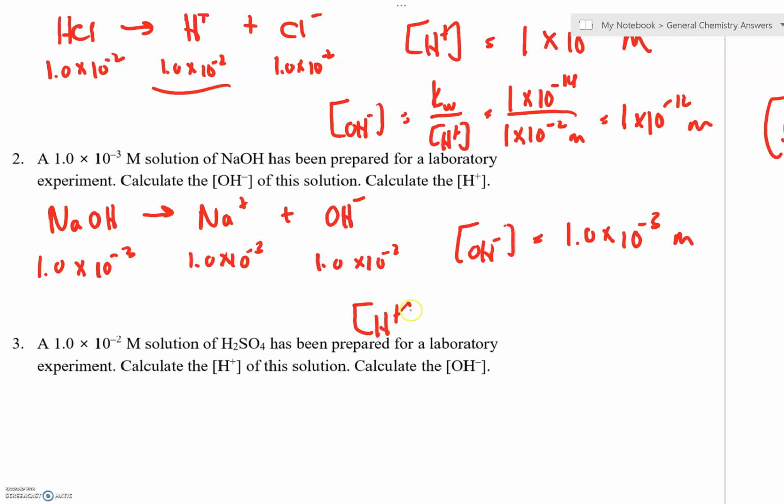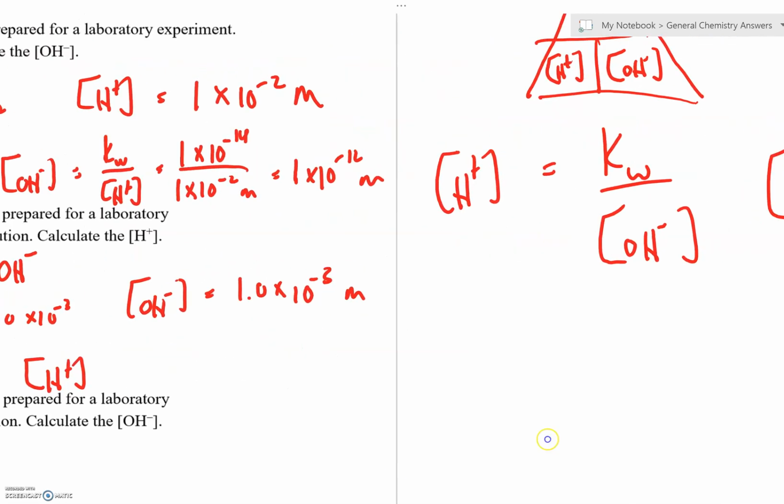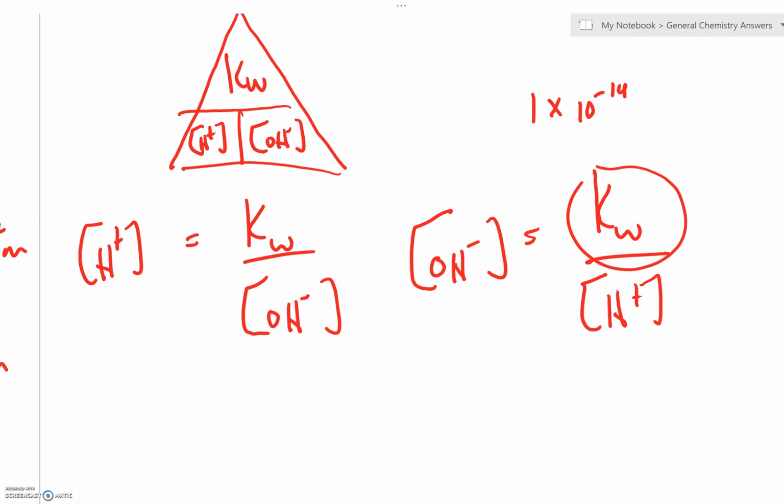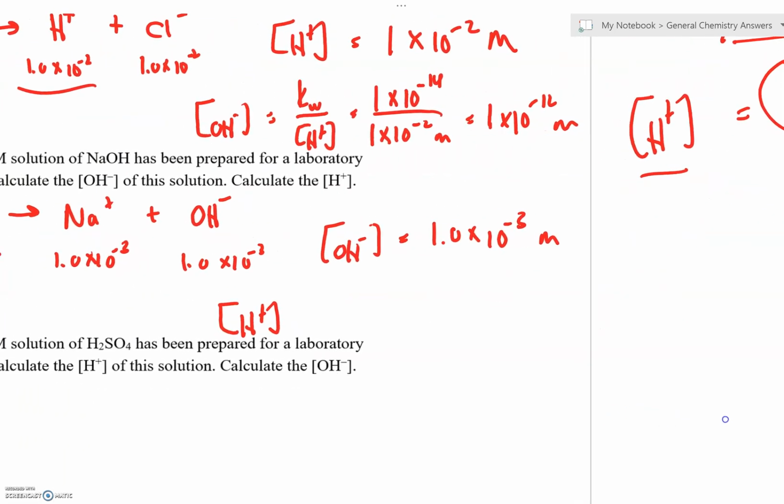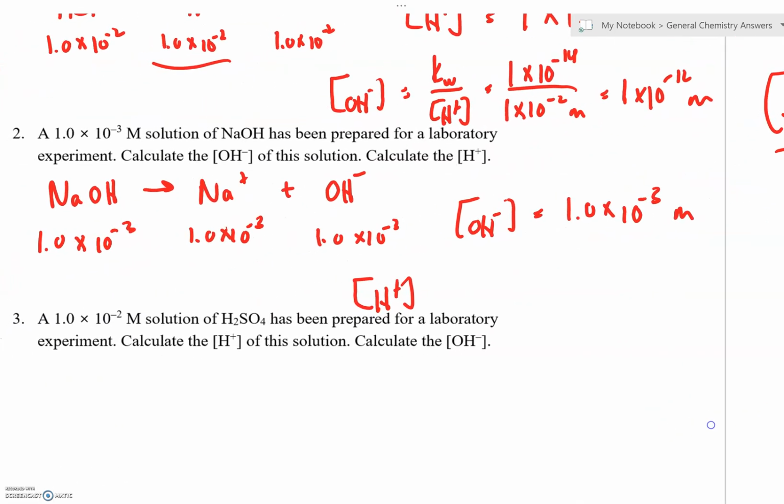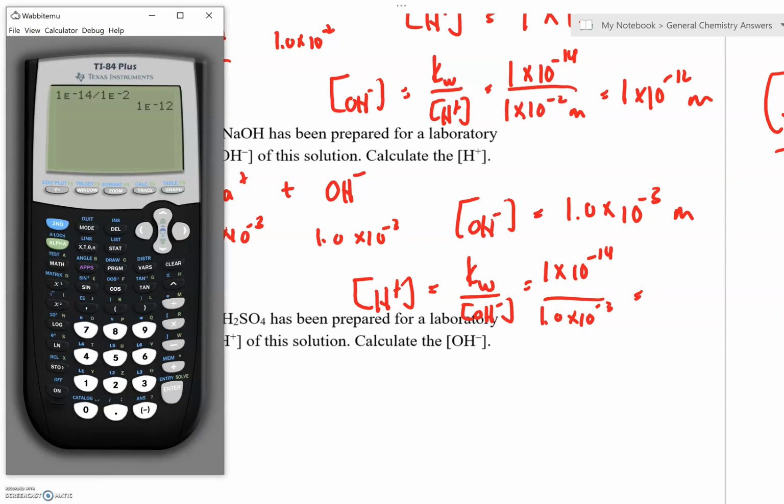Let's solve for H plus, and this time we're going to use this version where you know Kw, which is always 1 times 10 to the minus 14th, and you just found OH minus. So H plus is equal to Kw divided by OH minus, which is 1 times 10 to the minus 14th divided by 1 times 10 to the minus 3rd, which you just found.